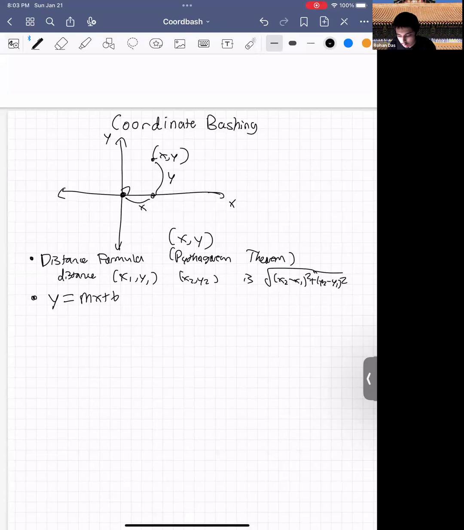A nice thing to know when you need to deal with angles is that if the line forms an angle theta with the x-axis, then m is equal to tangent of theta. There are also lines of the form x equals something. Here we can think of it as m equals infinity, and indeed it forms a right angle with the x-axis.